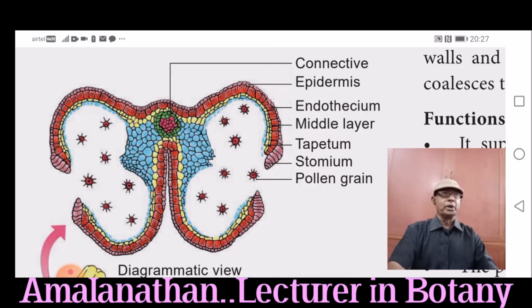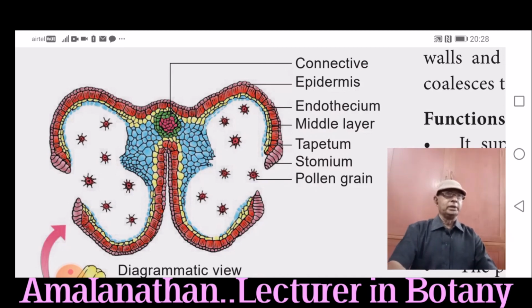Chemically, the sporopollenin is very stable, usually well preserved in the soils and sediments. It protects the pollen grain from external damages such as rain, high temperature, etc. That is the main function of the sporopollenin.